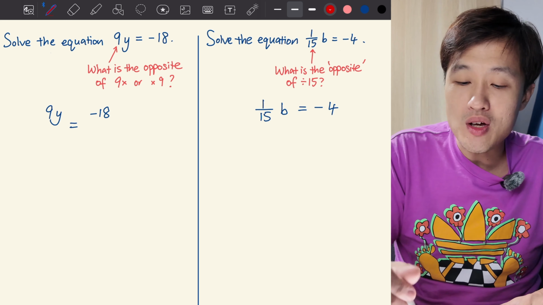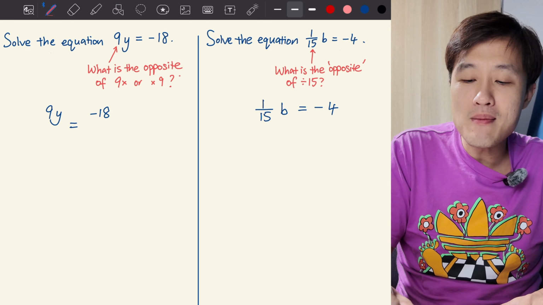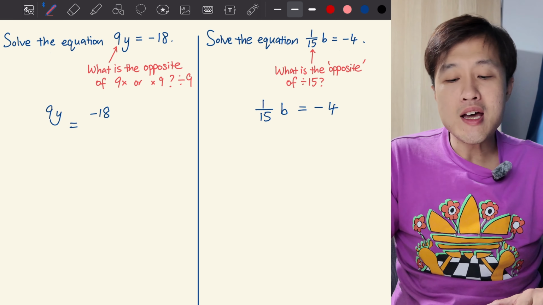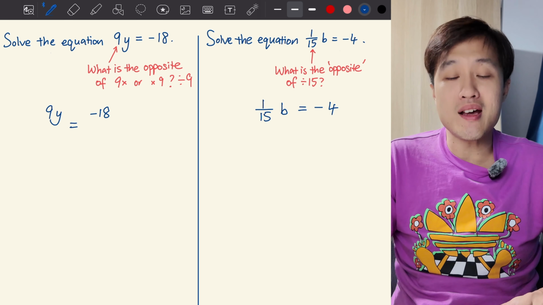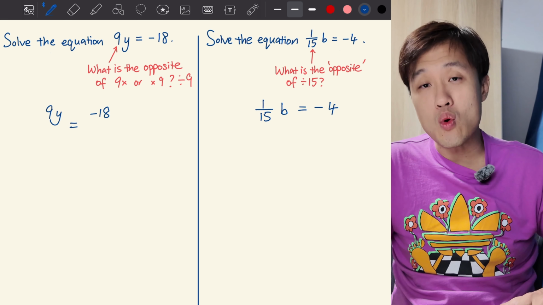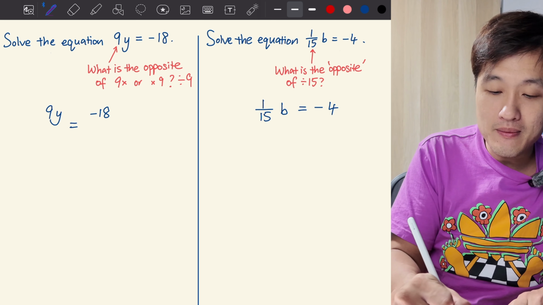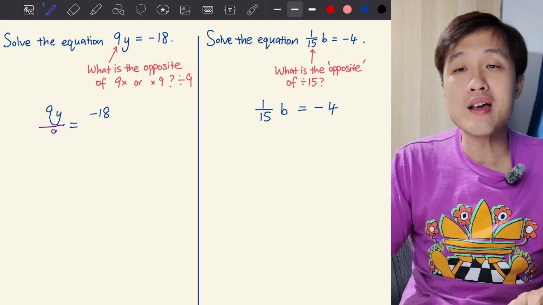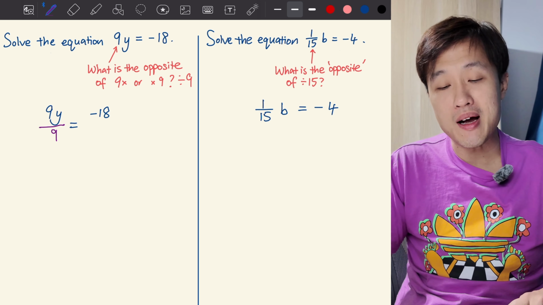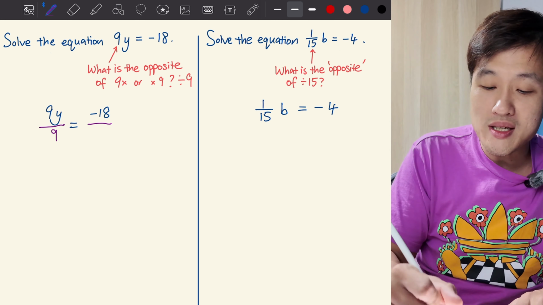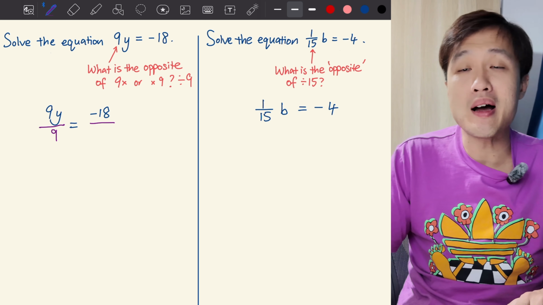So here we consider dividing by 9 on both sides. On the left hand side where we have 9 times y, we're going to have to divide by 9, and then on the right hand side I'm going to have to do the same again, divided by 9.